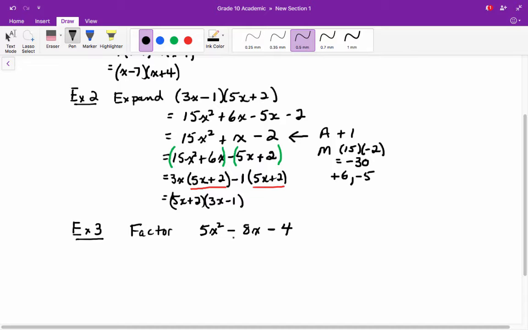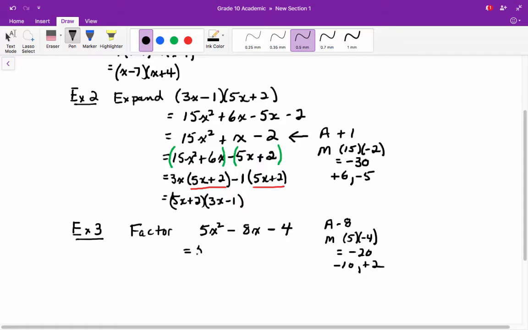What we're looking for here is two numbers that add to the middle number, negative 8, and multiply to 5 times negative 4, which of course is negative 20. Two numbers that add to negative 8 and multiply to negative 20 are negative 10 and plus 2.